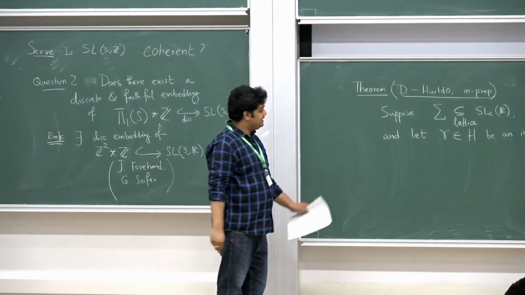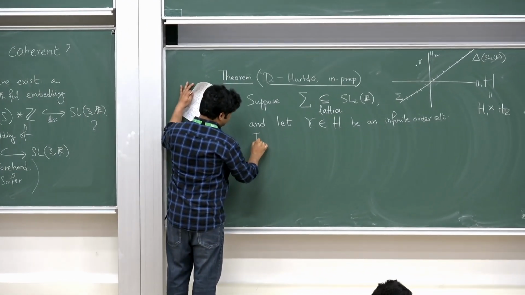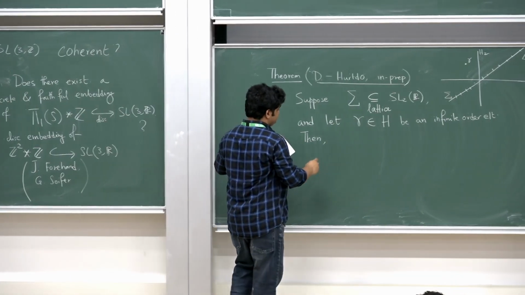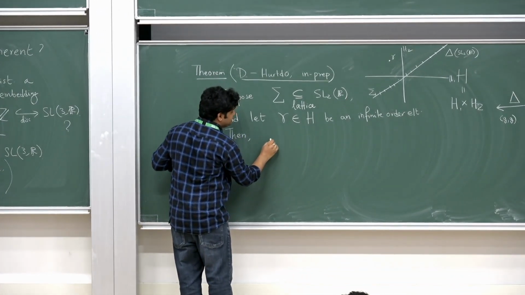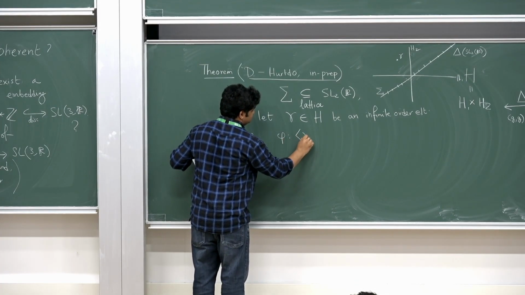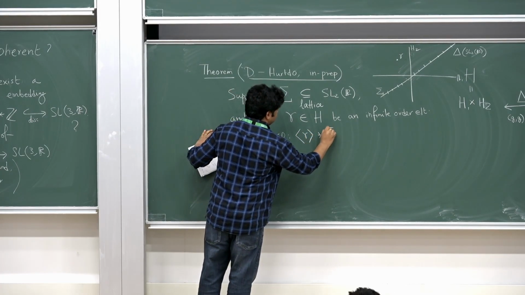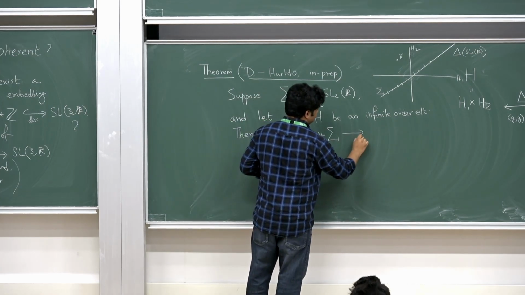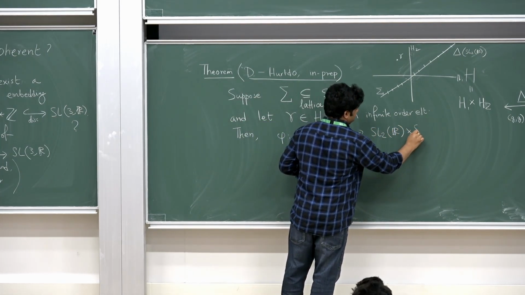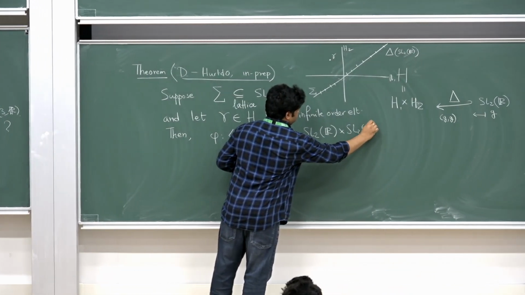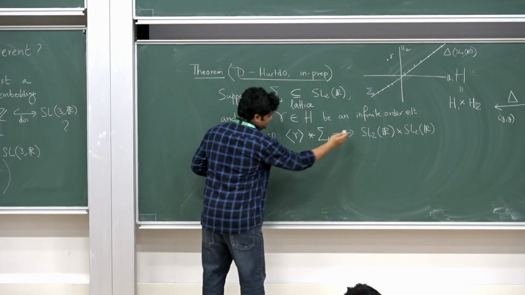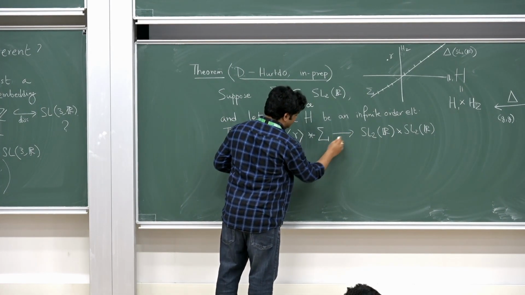Okay. So then the conclusion is that we can look at this natural homomorphism, which is given by, okay, this one is sent to itself, and this one is embedded as a diagonal.